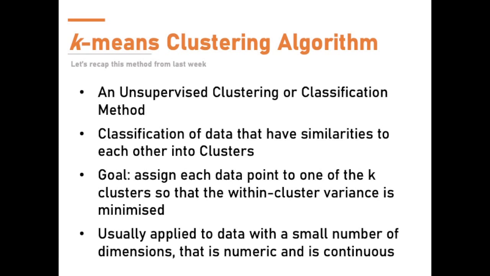The goal of this method is to assign each data point to one of the k clusters in such a way that the within cluster variance is minimized. The within cluster variance is also known as the sum of square distance between each data point and its assigned centroid.